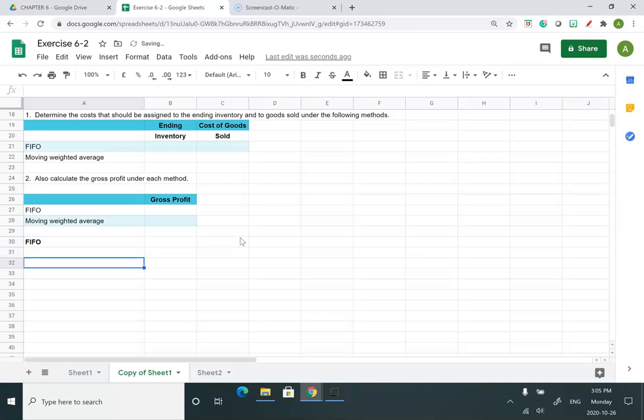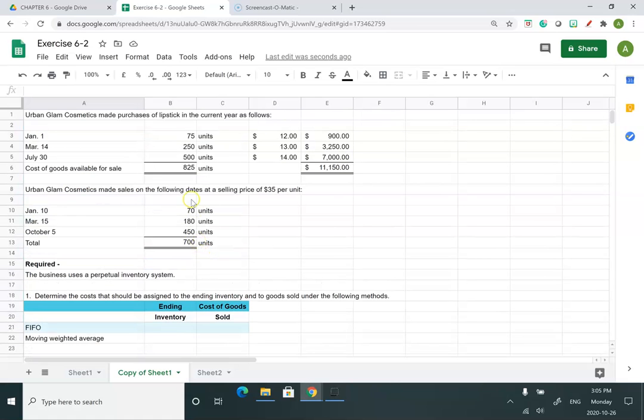What I normally do is first set up my cost of goods available for sale. FIFO is actually the same under both a perpetual and a periodic inventory system, so I like to add everything up all at once. The costs that I have available are my purchases and my beginning inventory: this January 1st, this March 14th, and this July 30th.